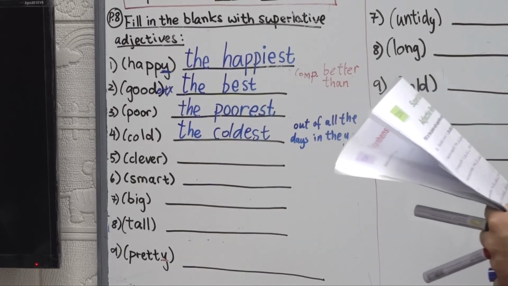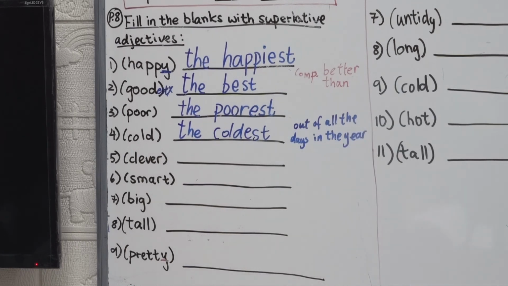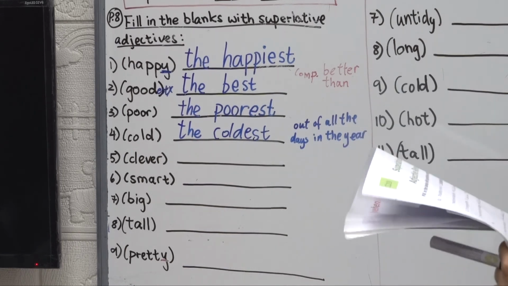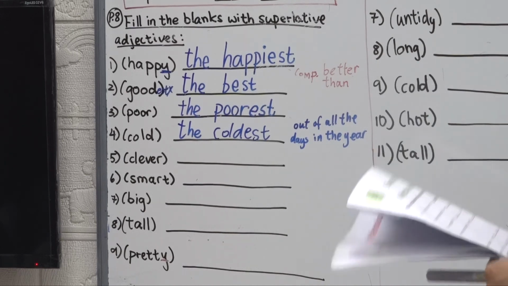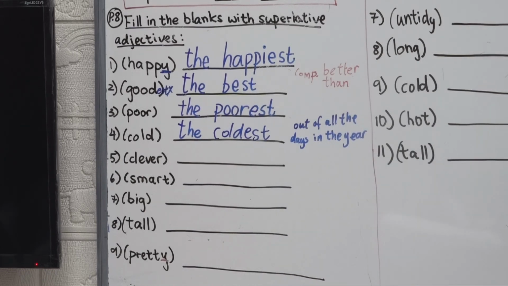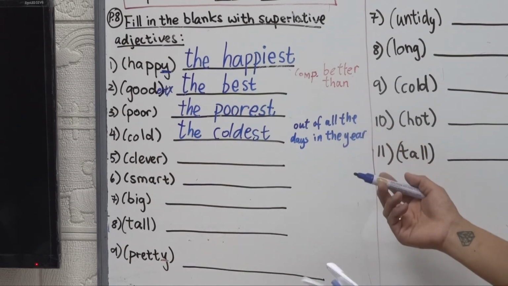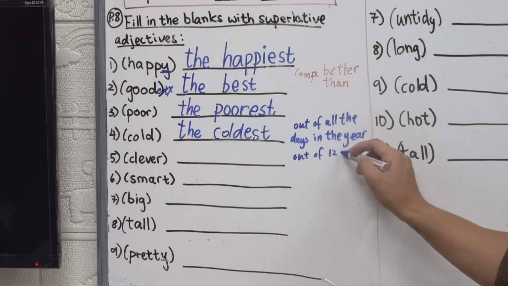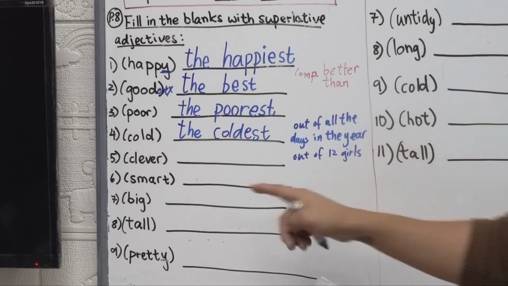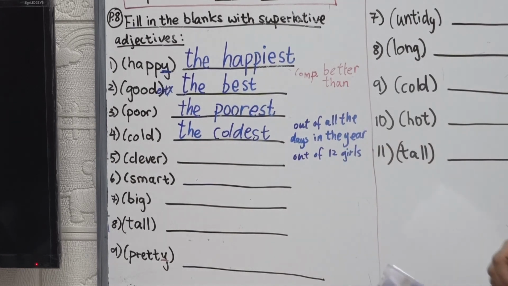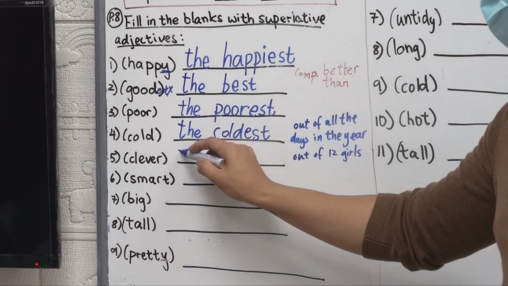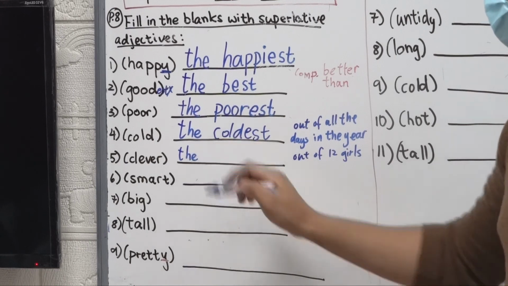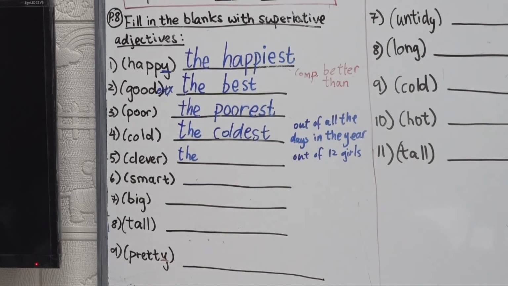Okay, and then a clever girl. She is a clever girl. Again, we're talking about just one girl. But the sentence to follow says, she's blank girl in the class, okay? And of course, one classroom can have more than one girl. So maybe, let's say the classroom has 12 girls. So out of all 12 girls, there is only one girl who is the... So we have to put T-H-E, and then just copy down the word clever.